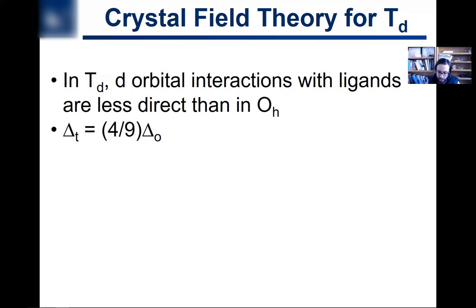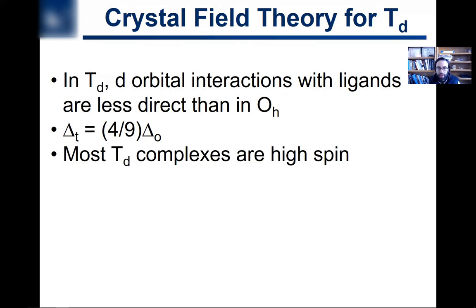If you switch a metal complex that is 6 coordinate and octahedral to the same metal complex that is 4 coordinate and tetrahedral, you will see that the splitting between the E and the T2 in tetrahedral is about 4/9, actually, rigorously, it should be 4/9, and we'll see why later, that of the splitting between the eg's and the t2g's in the octahedral environment. Because of that, you have a very small delta T for all complexes.